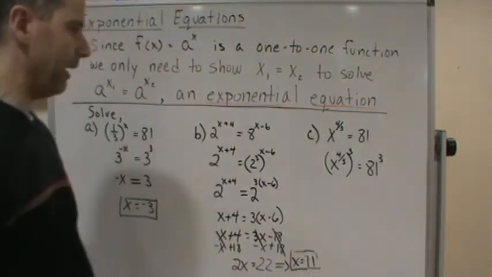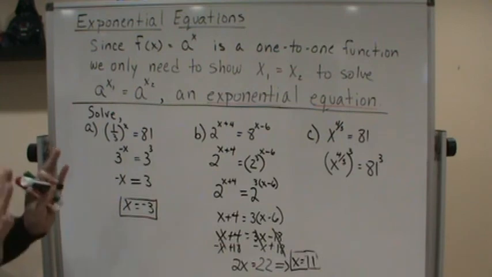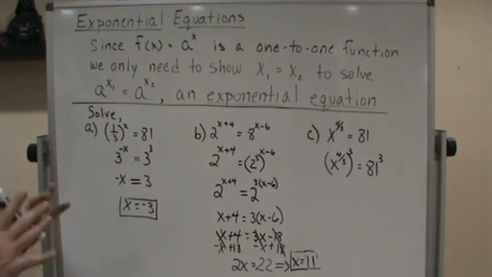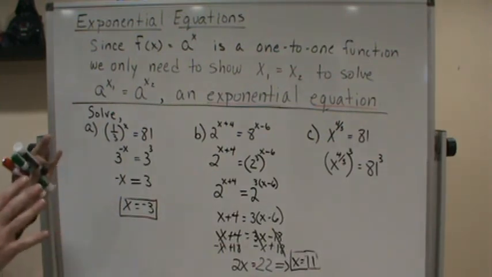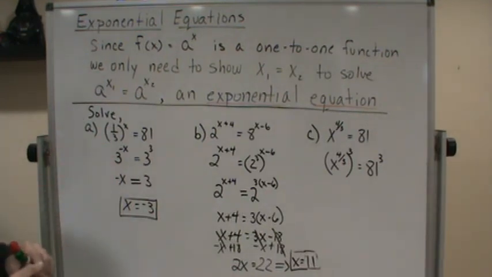At first glance, you're thinking, if I'm going to cube 81, I'm going to have to get my calculator. But hold your horses. Don't just jump to the calculator because it's available and because you think this is going to be a huge number. Let's see if we can avoid that.